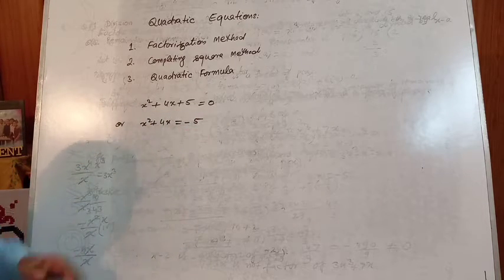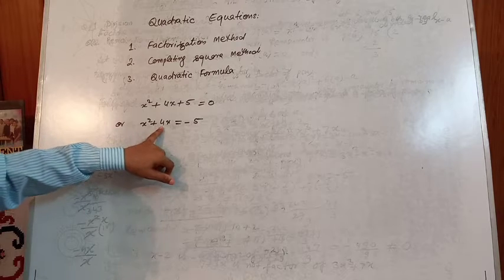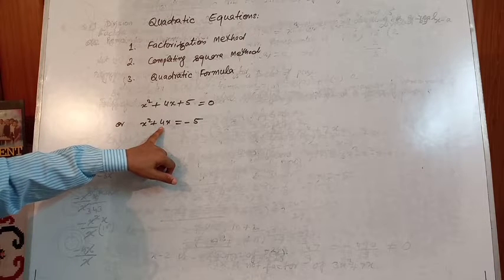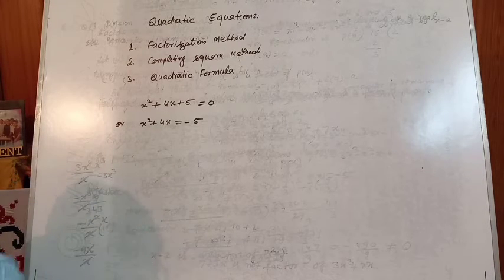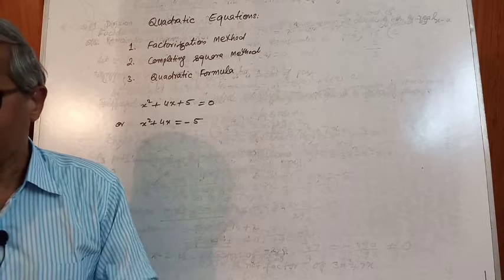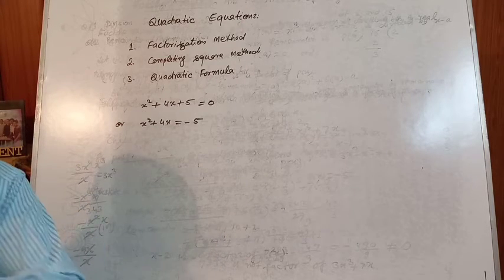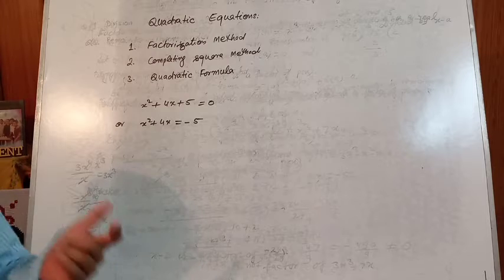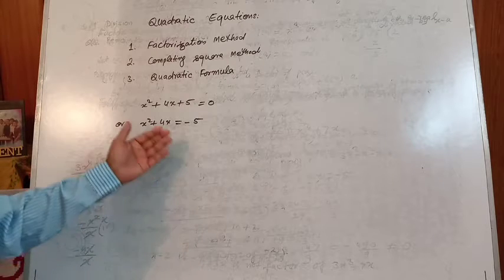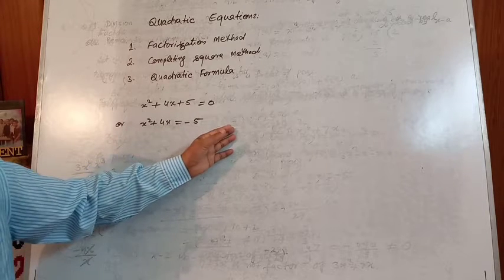Now check the coefficient of x and divide it by 2. 4 divided by 2 gives 2. Add the square of 2 to both the left hand side and the right hand side.